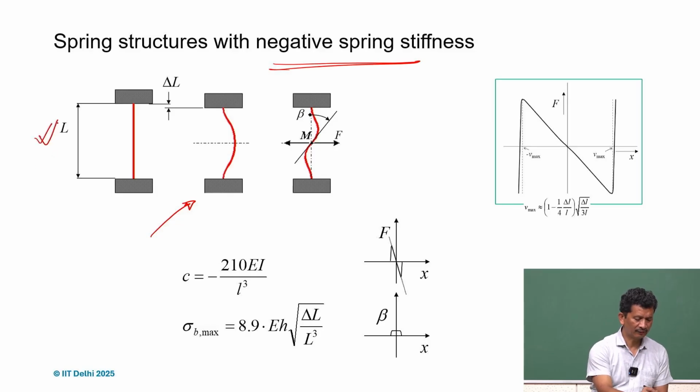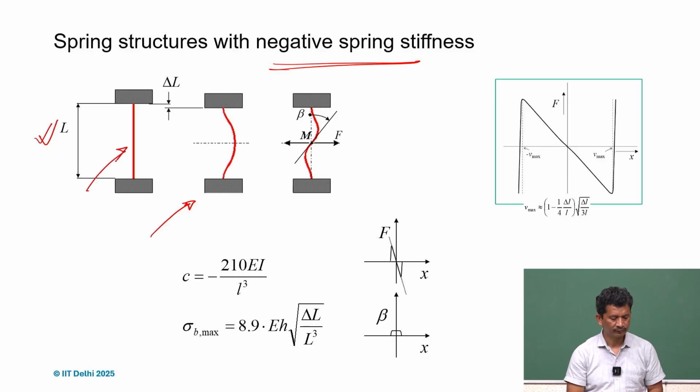If L is the length of the sheet flexure or wire flexure, and it's preloaded by delta L, it's already compressed, so in order to accommodate that delta L, it has to deform, so it will get buckled.